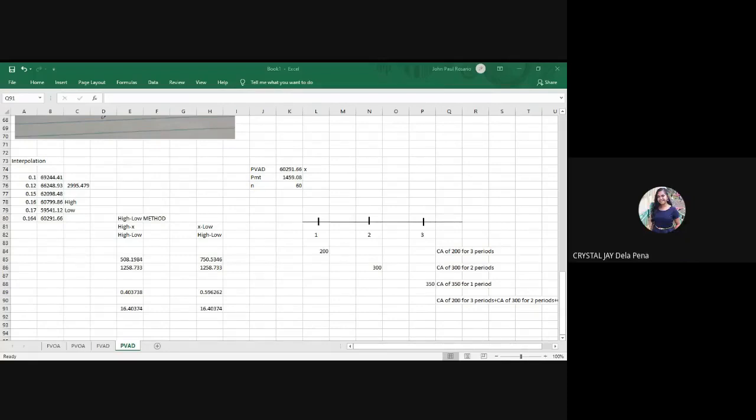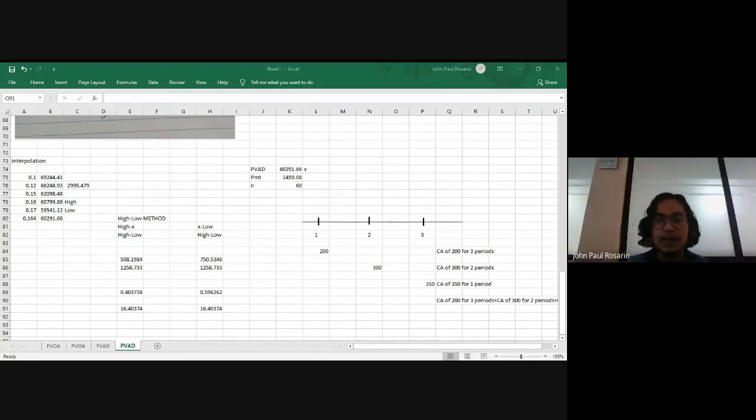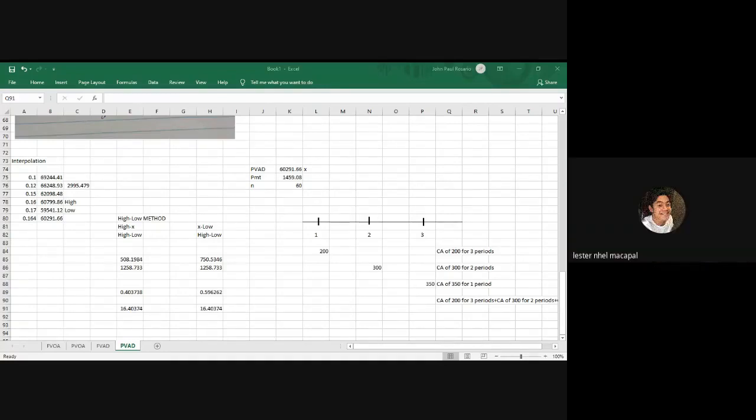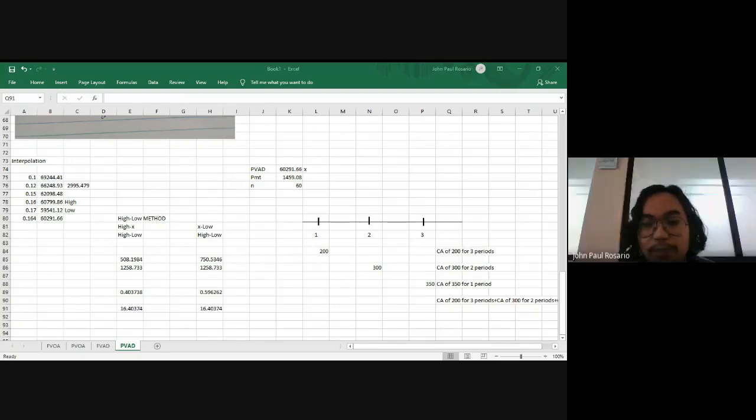And the final answer is 2 decimal places. But during the process, do not round off. We round off only at the end.